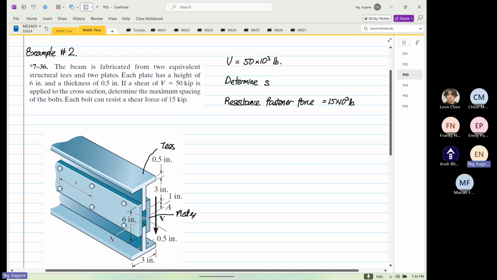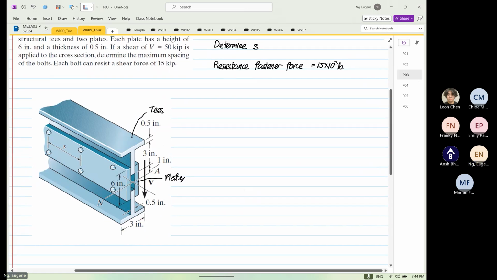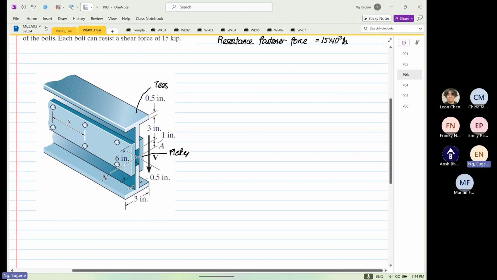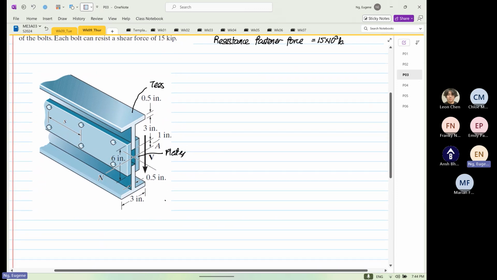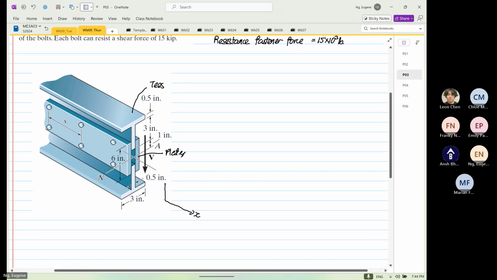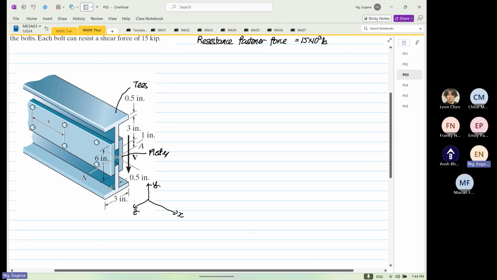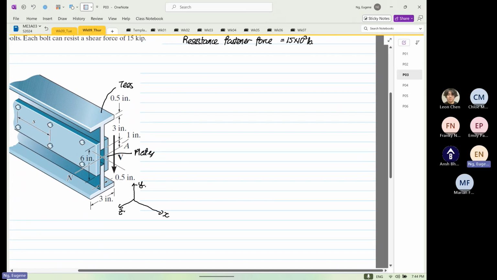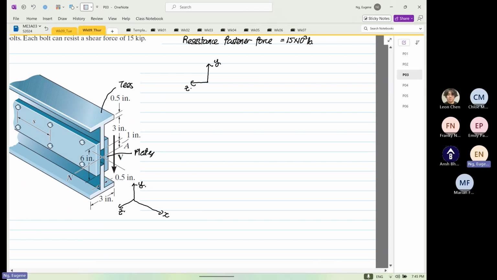Okay, so if we were to look at this structure now, right? Over here, before I draw the cross-sectional view, I'm going to label this as my X. This is my Y, and over here, this is my Z. So if I'm going to sketch the cross-sectional view, Y is Z, and this is our rotation about X, right?